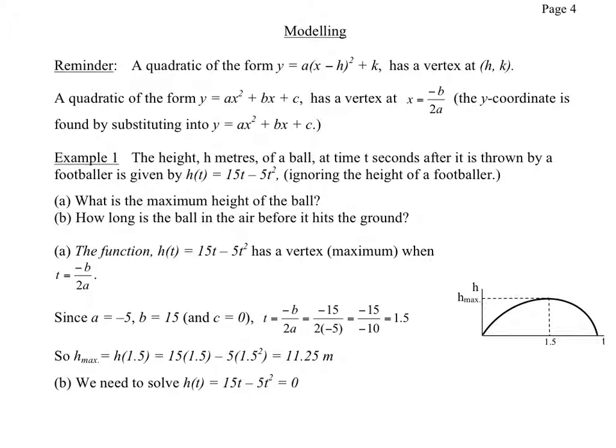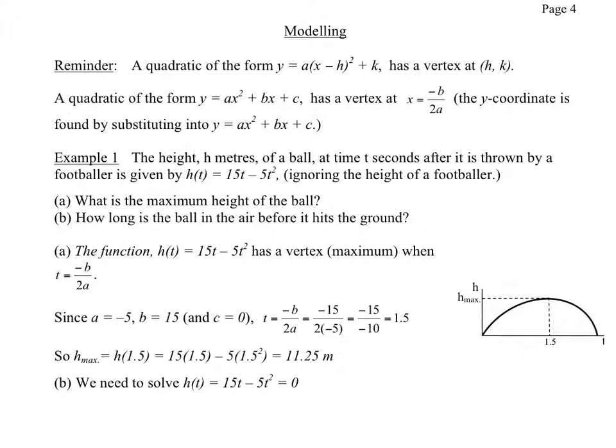What we need to do to calculate that is solve the 15t minus 5t squared equal to 0, because at the bottom, the height is going to be 0 again. So that should give us the t that we need.